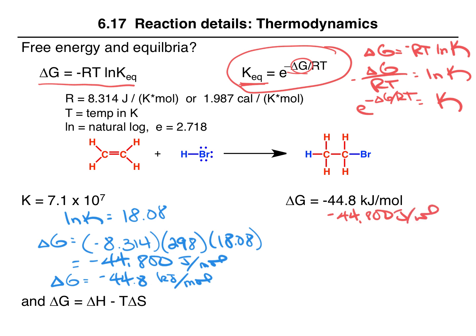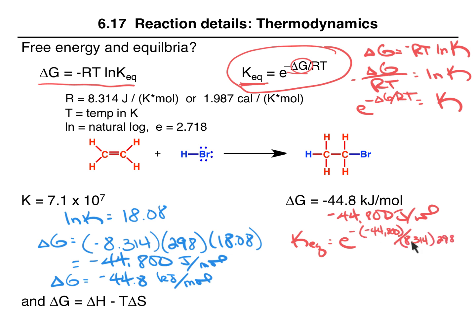Then we use our expression for the KEQ is equal to e raised to the power of the negative of negative 44,800 divided by R, which is 8.314, and T is again 298.